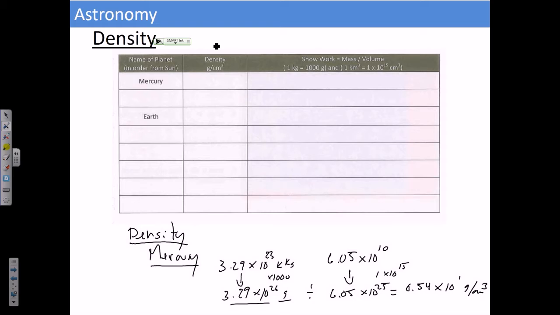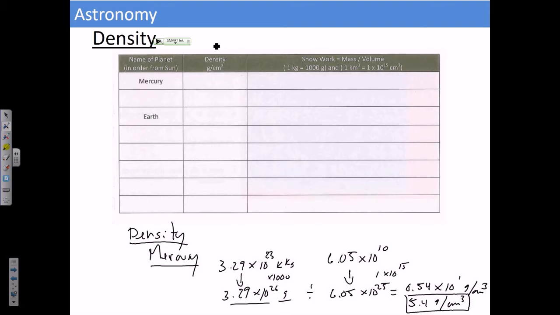We want to move this decimal so it's 5.4. Sorry, it's actually 5.4 period, not 5.4 times 10. So it's 5.4 grams per centimeter cubed, right? So this is the answer we want, okay? Two significant figures with no exponents in the equation, right?